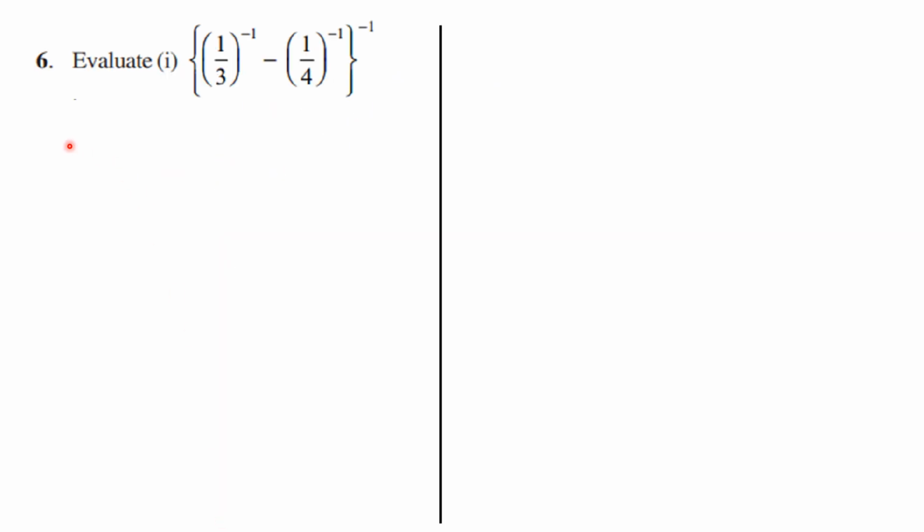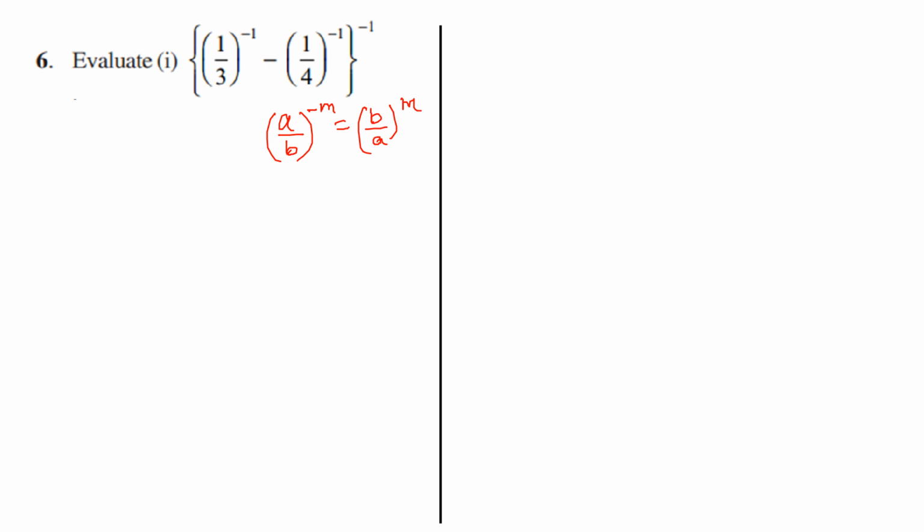Okay, now moving to question number 6. First part is 1 by 3 whole minus 1 minus 1 by 4 whole minus 1, and whole again minus 1 is there. So I am going to use the law here, a by b whole minus m is equal to b by a whole m.